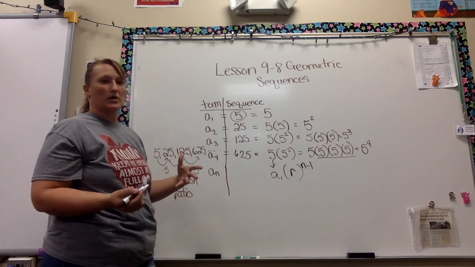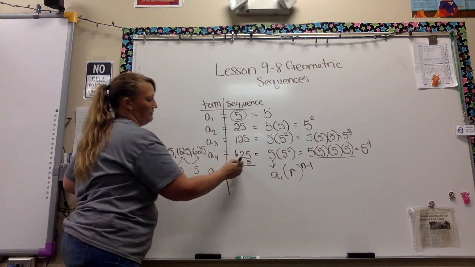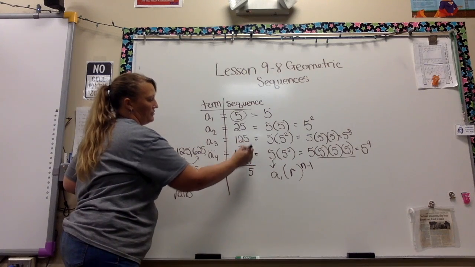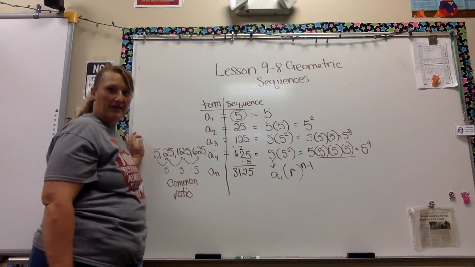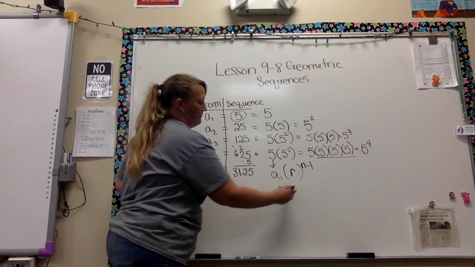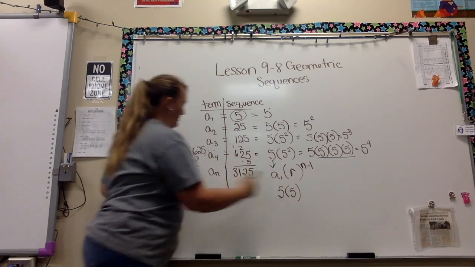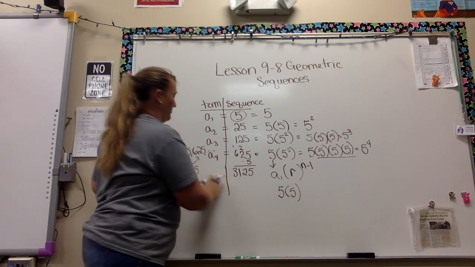So let's see if this works. The next term here would be multiplied by 5 again, so that would be 3,125 should be the next term. So if we come in here and we put 5, our common ratio is still 5 because we're multiplying by 5 each time. And this would have been the 5th term.